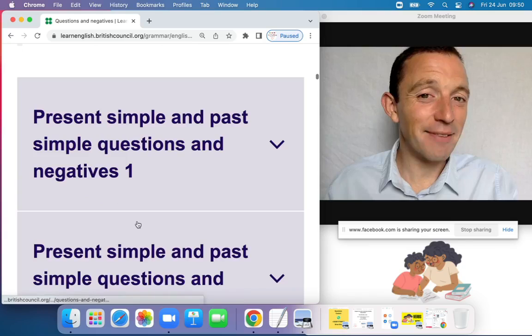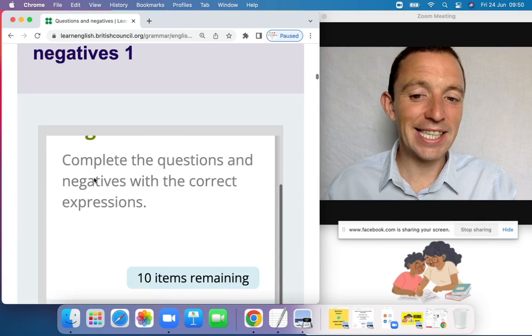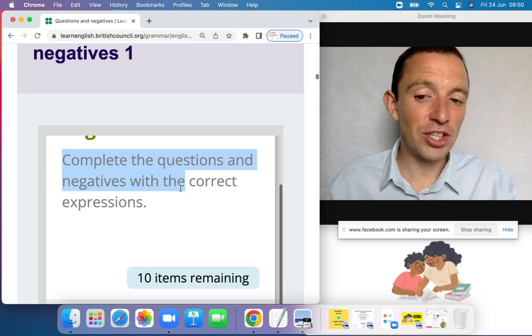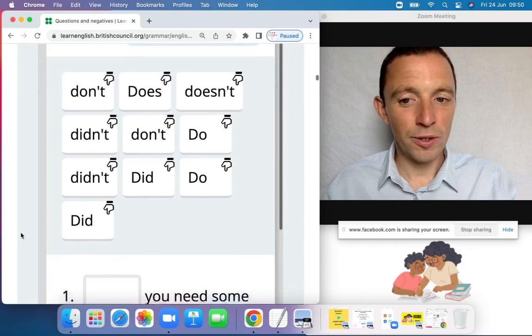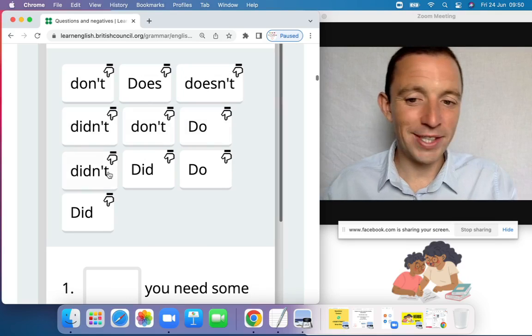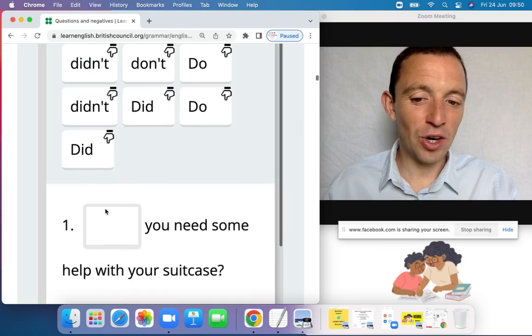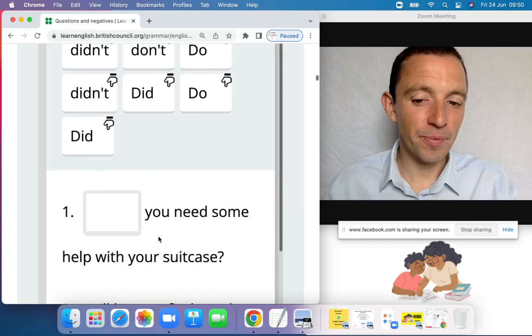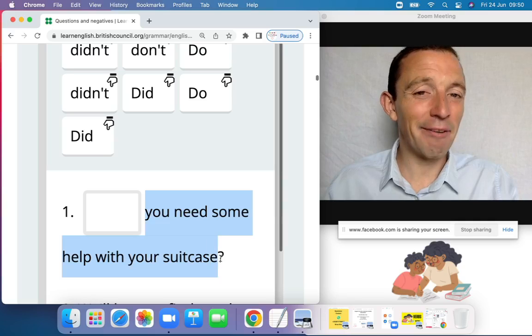Let's look at this difficult exercise, I think. Complete the questions and negatives with the correct expressions. We have options: don't, does, doesn't, didn't, don't, do, didn't, did, do, did. And we need the correct option. Number 1: you need some help with your suitcase is the affirmative.